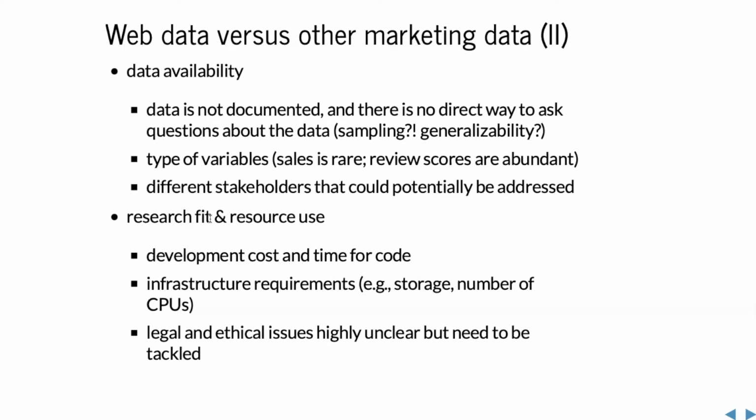Also, you could address different stakeholders. So for example, in marketing, we study consumers and firms, but what you could study is also environmental stakeholders. Tesla right now is constructing a new car factory in Germany, and what you could monitor is what people on social media think about this factory, and how communication strategies of Tesla shift the public opinion of people, right?